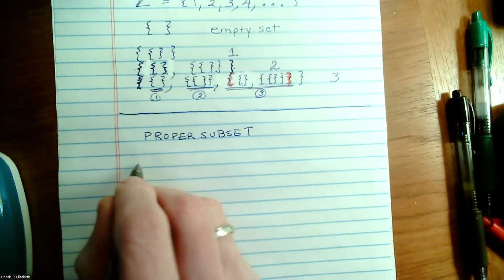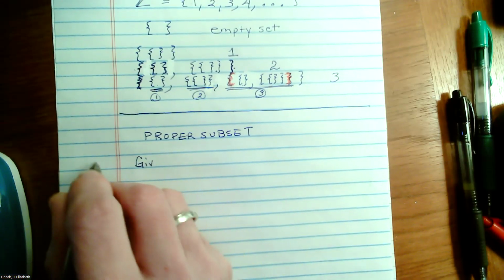Let's review that. Given sets A and B, this is our definition.